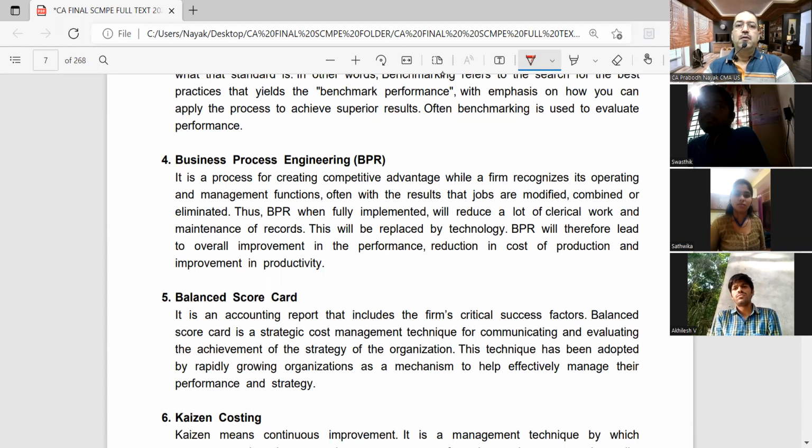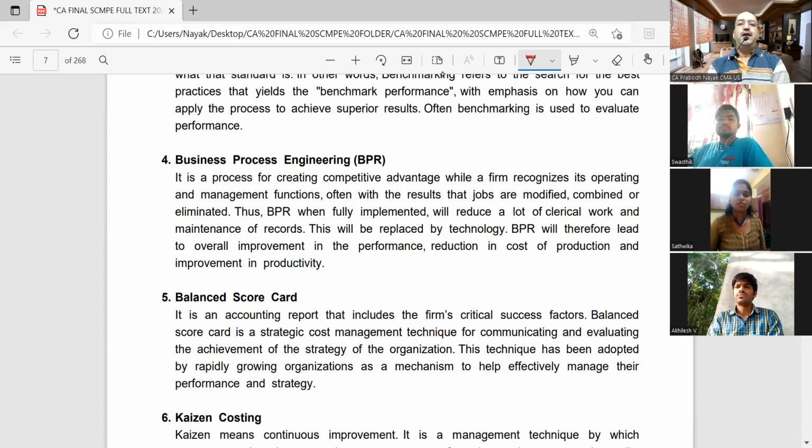So what we do is we buy the product of the competitor, come to our factory, break that product, and see what the features of that product are. For example, I will take the handset of a mobile of my competitor, bring it to my factory, open the mobile, and see what characteristics are different in that mobile handset, which are not there in my mobile handset.